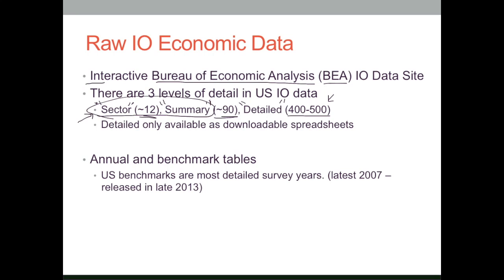The results from the survey are more up to date than the detailed level data, as this comes only from the benchmark surveys, which occur infrequently and, as I showed you, take a long time to analyze and release. The latest being 2007, which was released late in 2013.